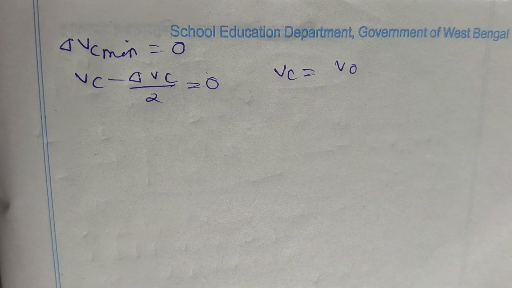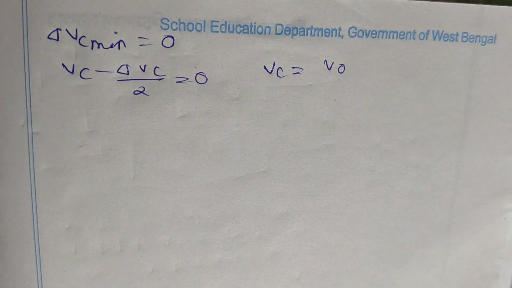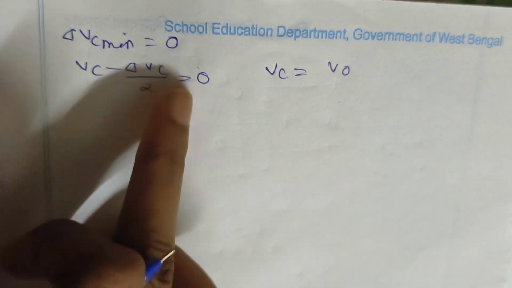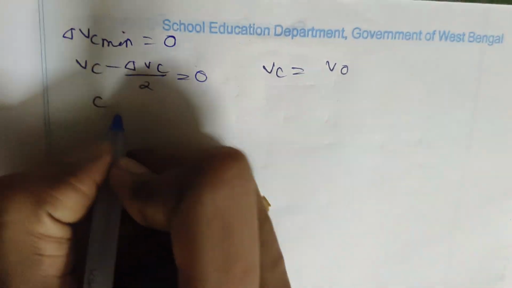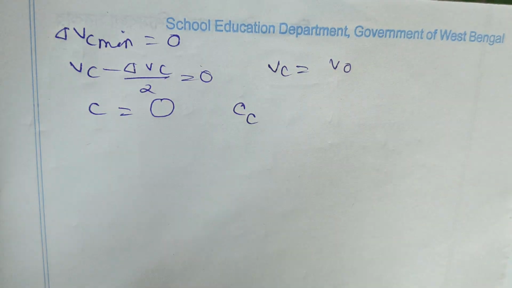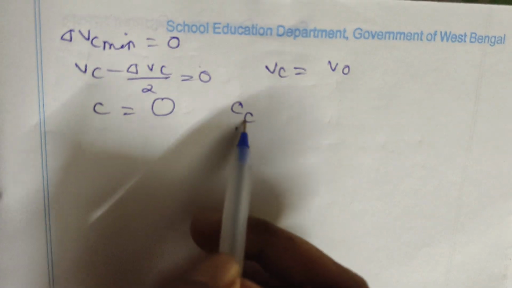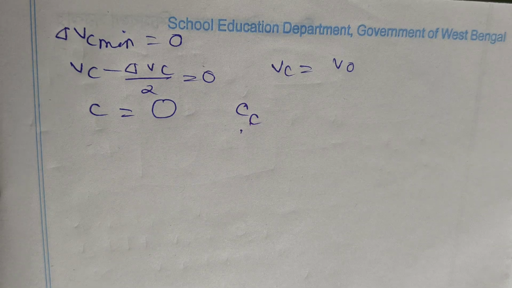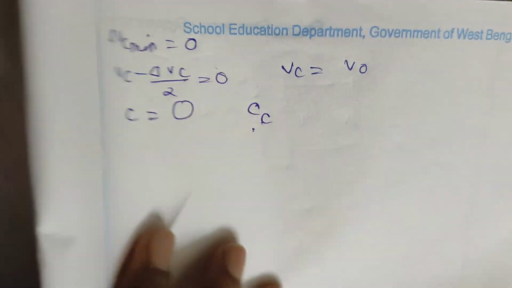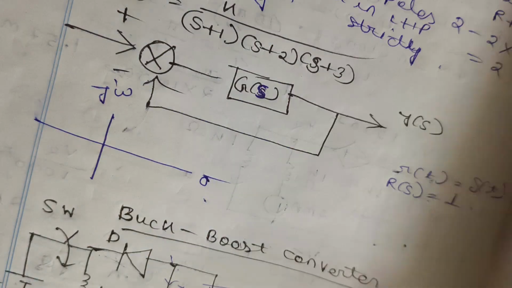So Vc minus delta Vc by 2 is going to be equal to 0. Since we have found the Vc value and delta Vc value, you will get the value of the capacitor. That will be denoted as CC, C for capacitance and the subscript C for the critical value.